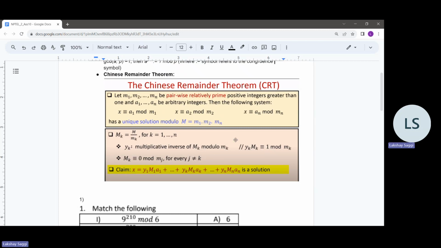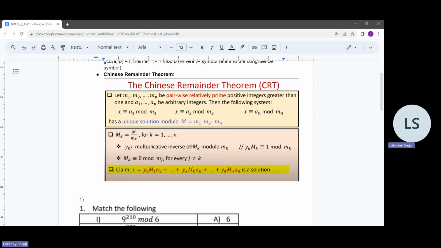Not actually equal to 1, but under the modulo symbol it should be 1. I hope this is clear to everyone. And we can see that this yk will always exist, because it was discussed in the lectures that if capital Mk and small mk are co-prime, then the multiplicative inverse will always exist for capital Mk.